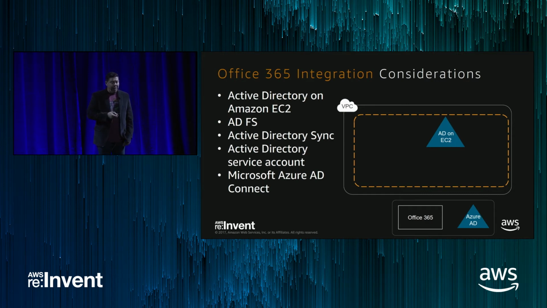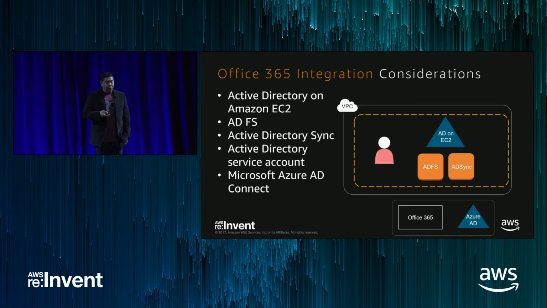So with that being enabled and running on AWS, the next step would be to launch an EC2 instance running Windows, enable that as your ADFS server, install another instance, and install the AD sync tools on that, and create your service account for ADFS, establish connectivity between ADFS and Azure AD, and then with AD sync, replicate your Active Directory users from your Active Directory environment into Azure AD.